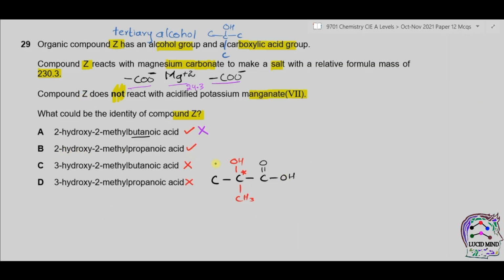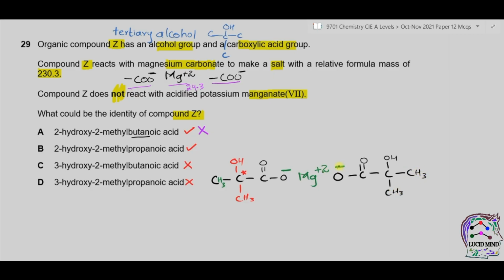Now looking at part B, we have this structure. When it reacts with magnesium, we have a negative charge on this side, then we have Mg 2+. And again this group should be present on the other side as the charges should be balanced. So we have O negative, then C double bond O, then carbon with OH, and CH3, then CH3.